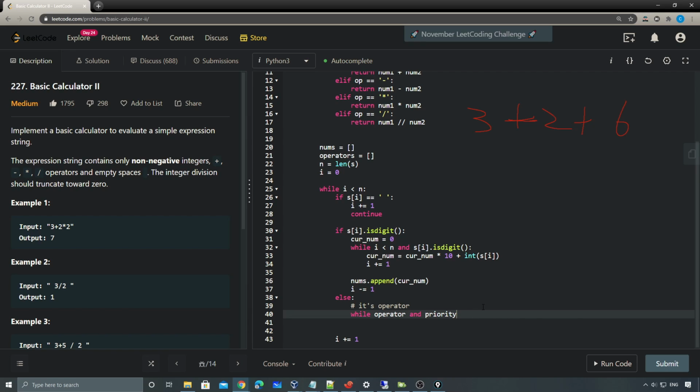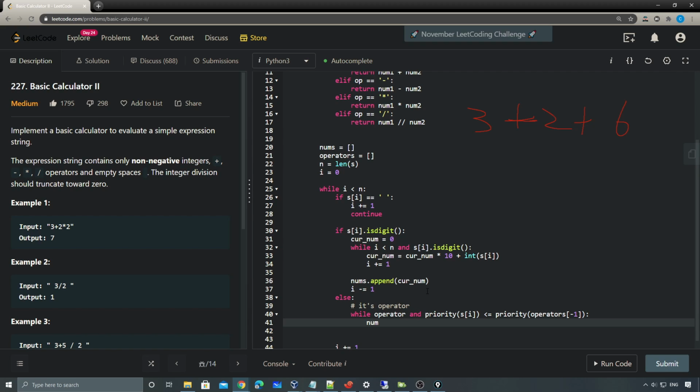If it's not empty, then we check if the priority of the current operator is either equal to or smaller than the priority of the operators at index minus one. If that's the case, then we know we can calculate the first two numbers.